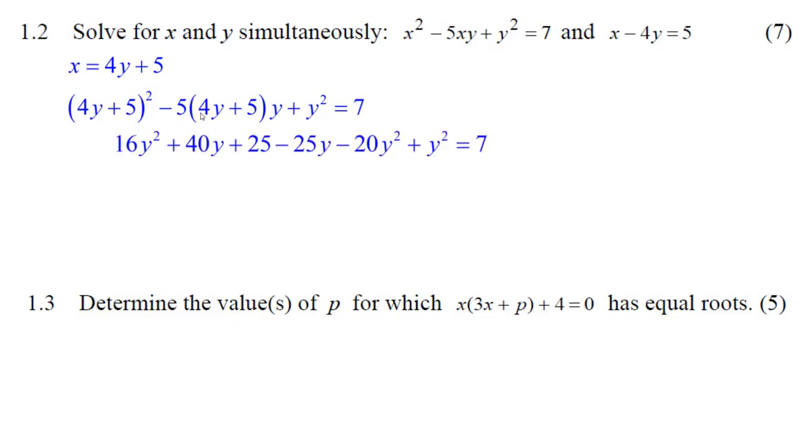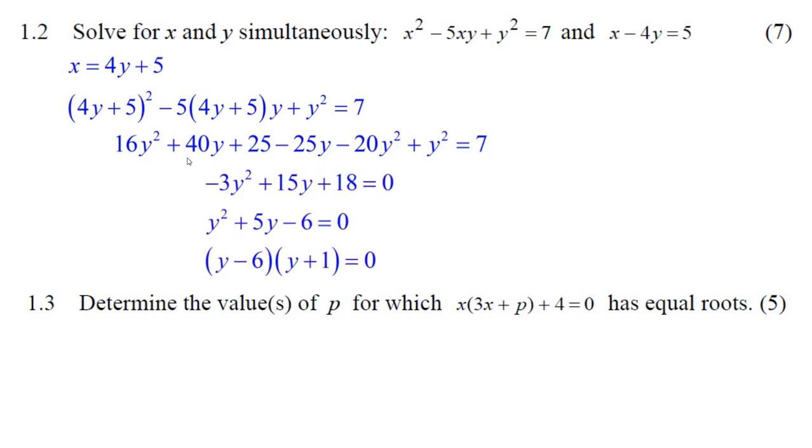Now here you've got minus 4 times 4y, that's minus 20y, times another y, that gives you minus 20y squared. Then you go minus 5 times 5, and times another y, that gives you minus 25y. You've got a plus y squared right there, and that equals 7.